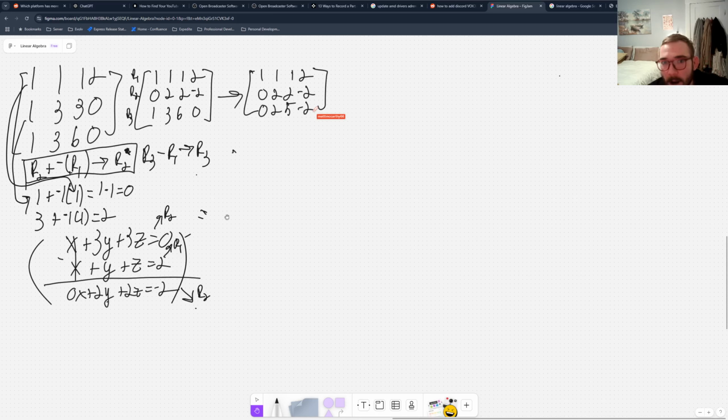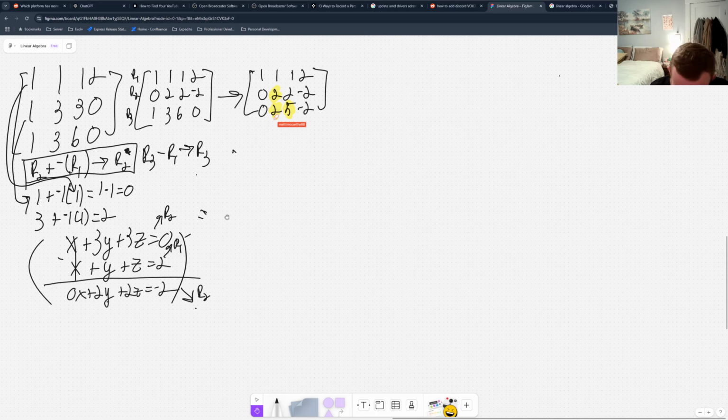So there's two options. We know we have to get 1 here, and we know we have to get 1 here, and we know we have to get 0 here. But the order in which we do that doesn't really matter.